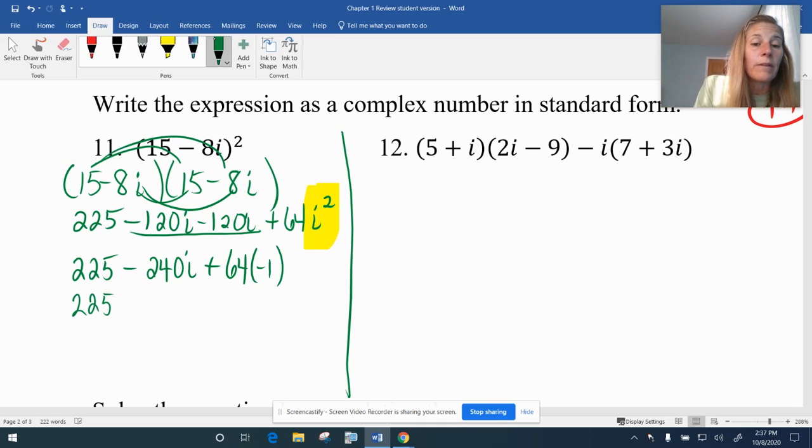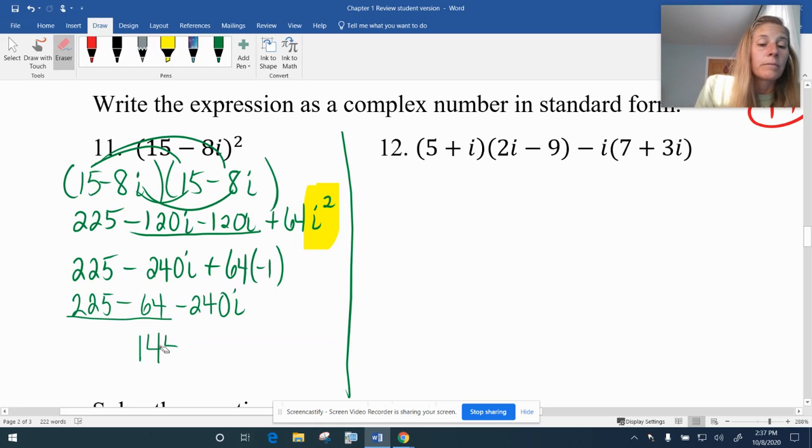So 225, this will become minus 64 minus 240i. And those two like terms there will give me, I believe it is, wait, it's 161 minus 240i.